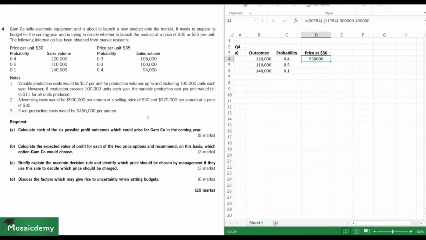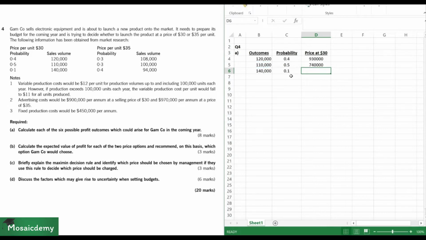Now, the second one, let's just copy this down and let's amend it as need be. So if we go to this formula, 30 is still the price into 110,000 units, which is fine. Variable cost 11 is for units exceeding 100,000, which they are in this case, so that's fine too. Advertisement cost will remain the same at 900,000 because the price is 30, and fixed cost will remain the same at 450,000.